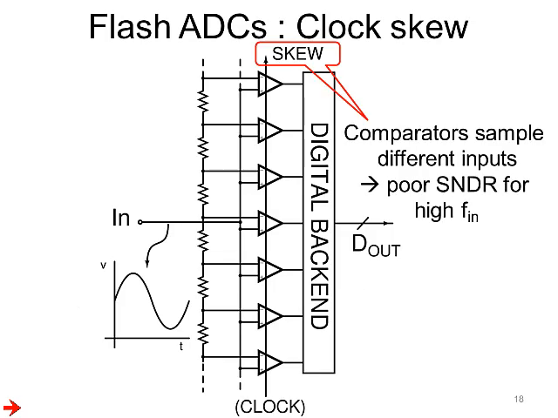Once you have an array of comparators, routing the clock from comparator 1 to comparator 2 to the n will cause clock skew. This means that different comparators will sample the input at different instants of time, thereby causing poor performance when the input frequency is high.